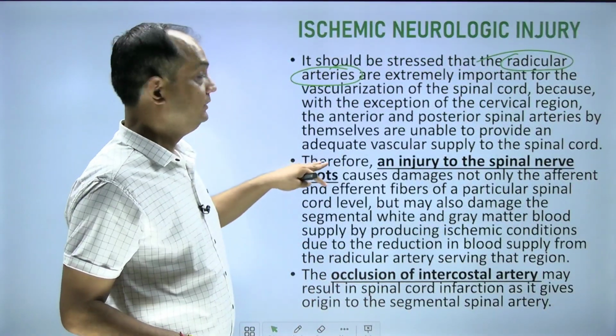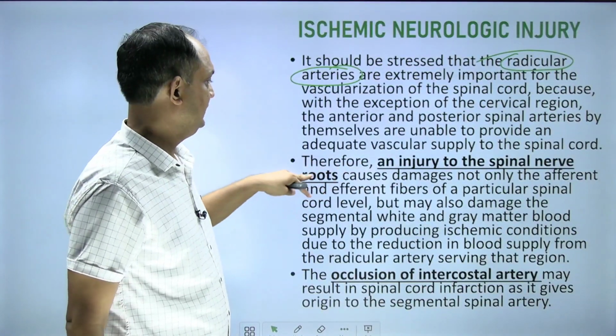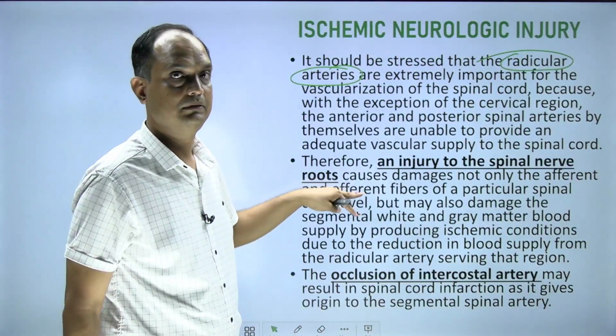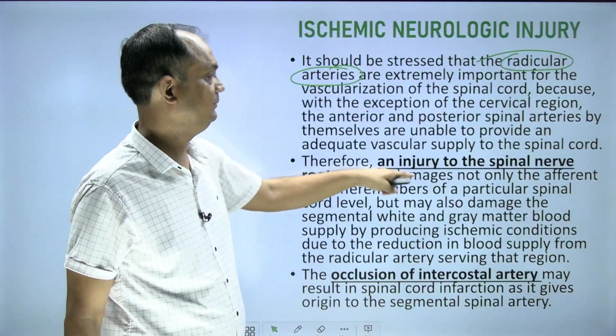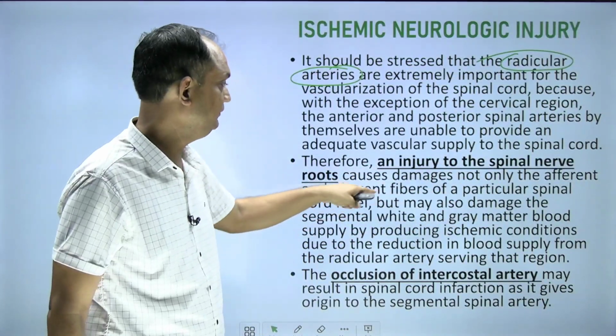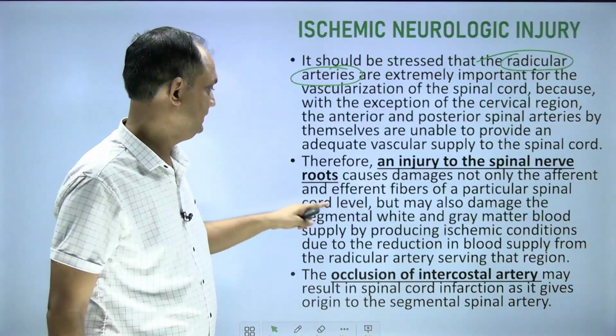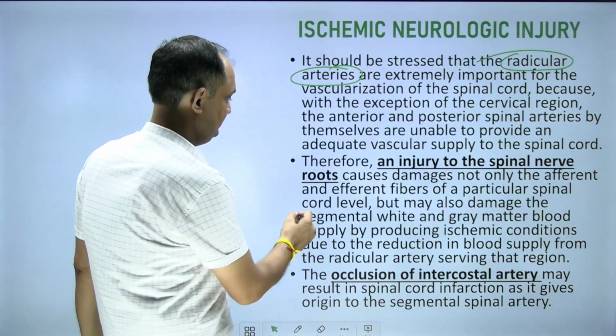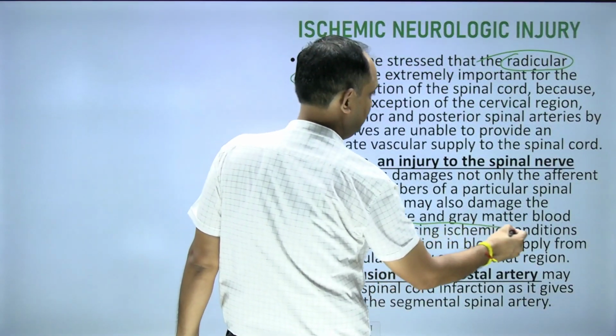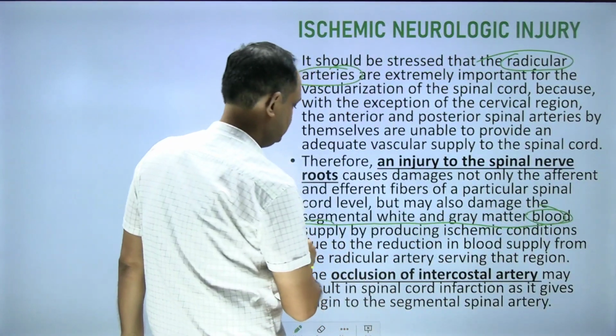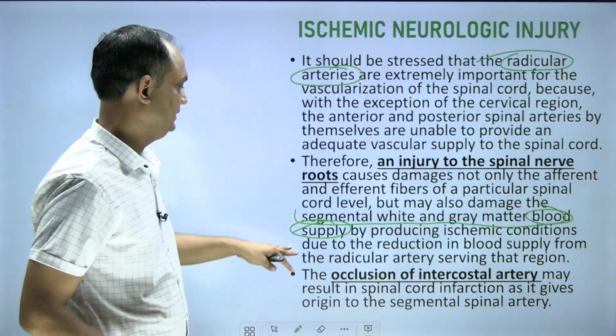Now, if there is injury of the spinal root, what will happen? This injury causes damage not only to the afferent and efferent fibers at the spinal cord level, but also to the segmental white and grey matter blood supply, producing an ischemic condition.